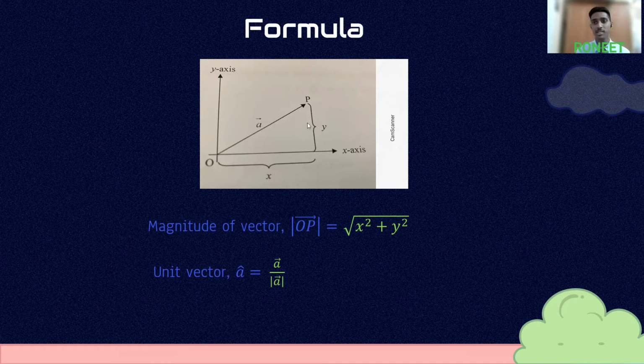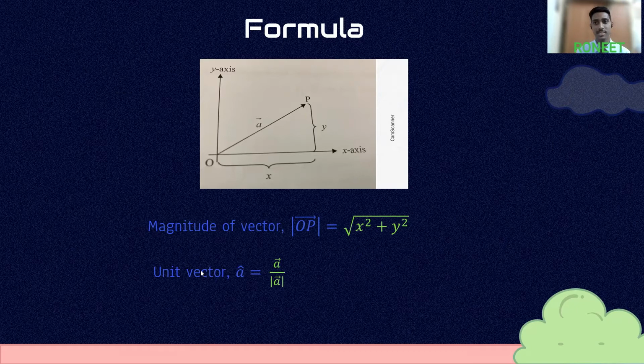So it's x squared plus y squared, and we square root it. And the unit vector of A is equal to the direction of vector A divided by the magnitude of vector A.